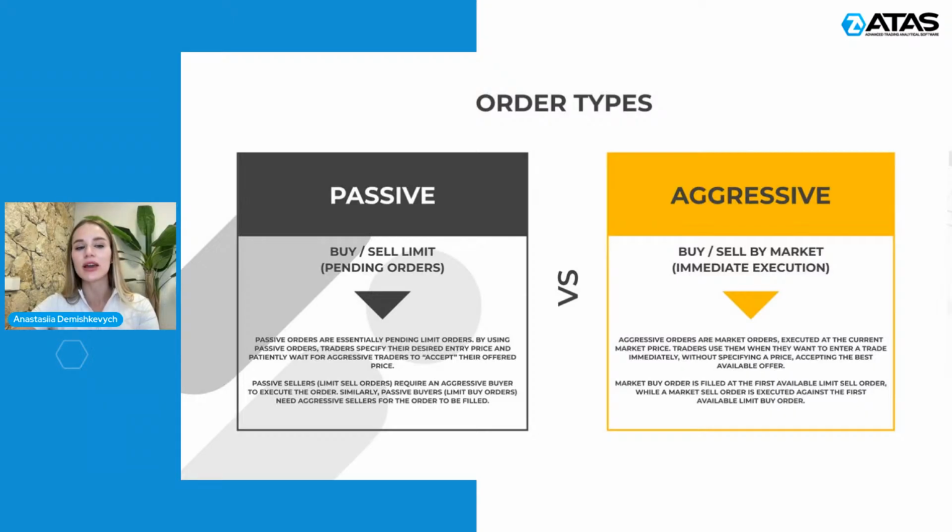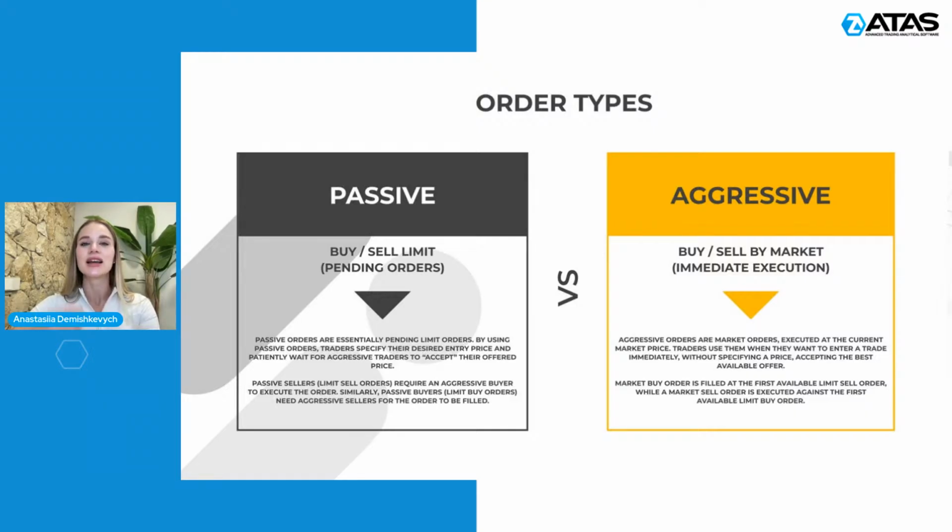The only criterion is that you are entering a position using a limit order, whether it's a buy limit or sell limit order. And it's important to understand that passive sellers, those who use sell orders, need aggressive buyers to come in and fill their orders. This is one of the most crucial things I need you to understand before we transition to the next slide, where we're going to talk about the formation of the price itself.